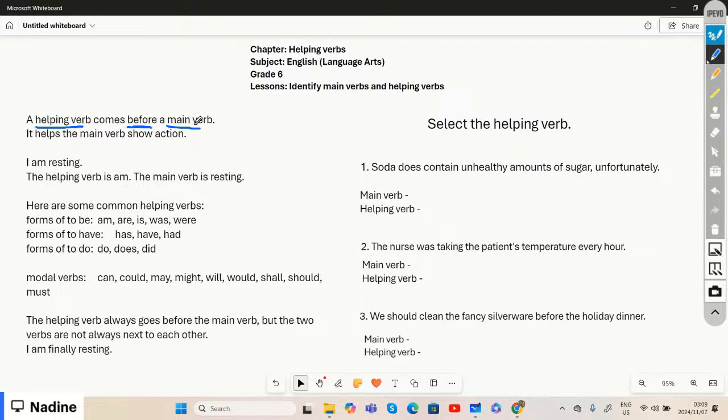So we're going to find out what our main verbs are, what our helping verbs are, what are our common helping verbs, and we're also going to find out about modal verbs.